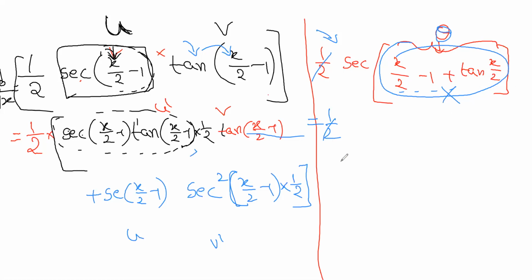Tell me: half into secant of the whole thing into tan of the whole thing. Because the derivative of secant x gives secant x tan x. Secant of this one and tan of this one. Then I do the differentiation of each.